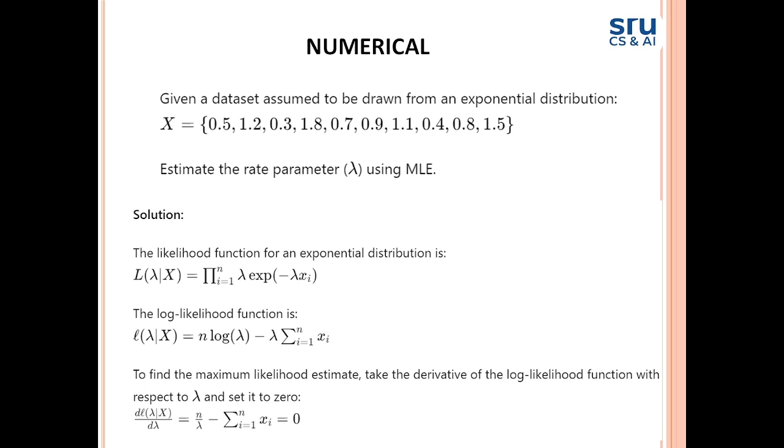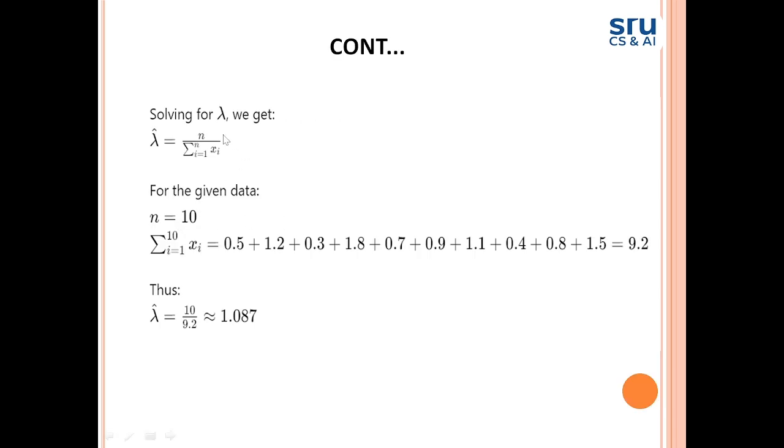So when we take the derivative of this function with respect to lambda, we will get this equation. Next, we have to solve this equation and we are getting here n, the number of data samples, divided by the summation of i equal to 1 to n of xi.